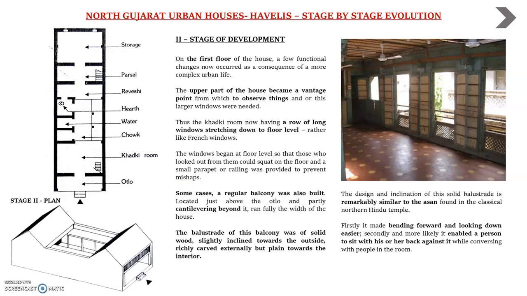This also facilitated the women community to sit here and watch what's happening in the open space below, along the street. So again the security and privacy of that women community was maintained here.